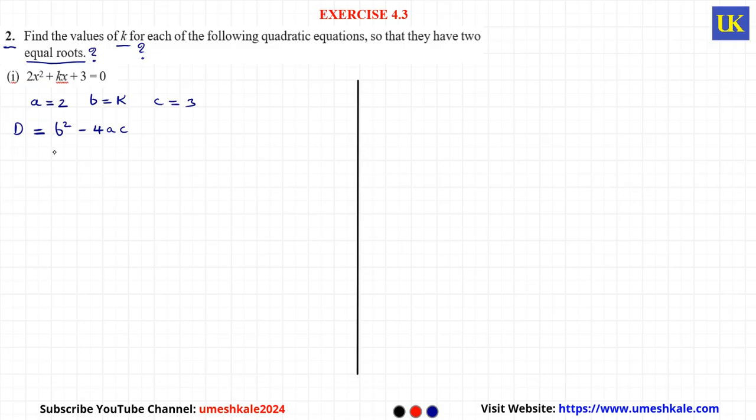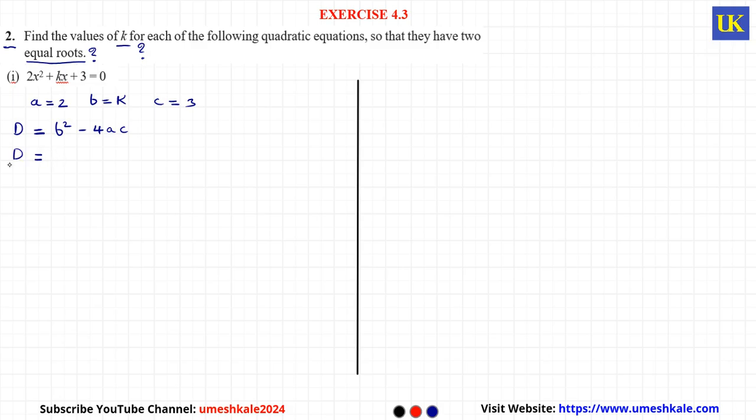This part of the formula will tell us whether we will get real and distinct roots, or real and equal roots, or no real roots. So we need to check this first, because they are asking us to find the value of k in such a way that we get two real and equal roots. So now we'll go ahead.